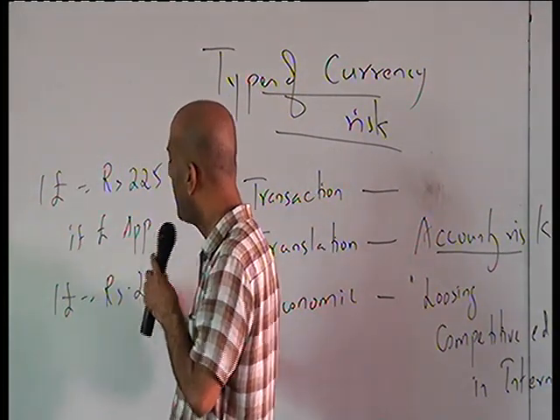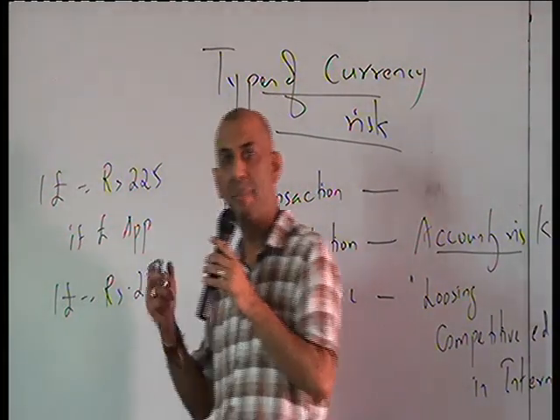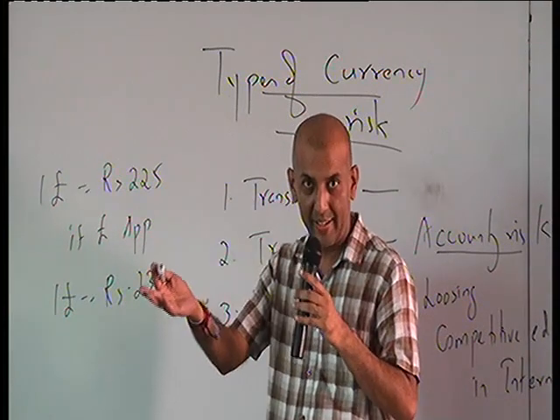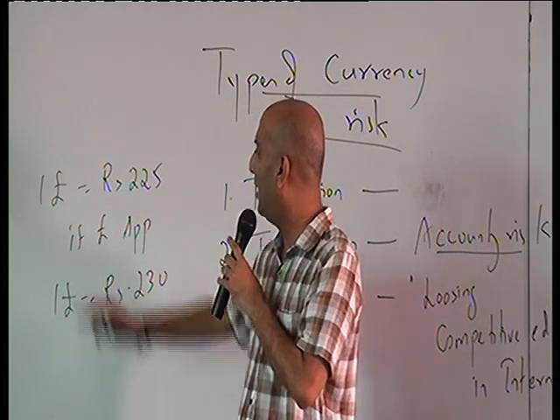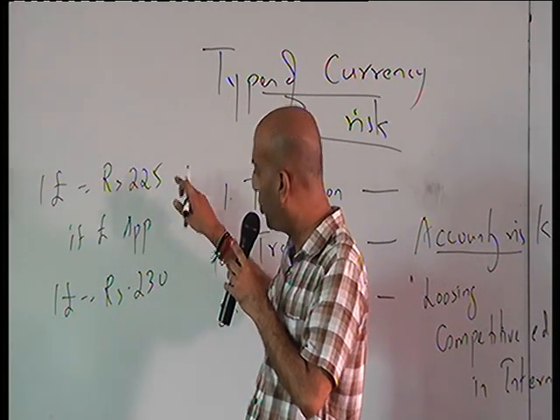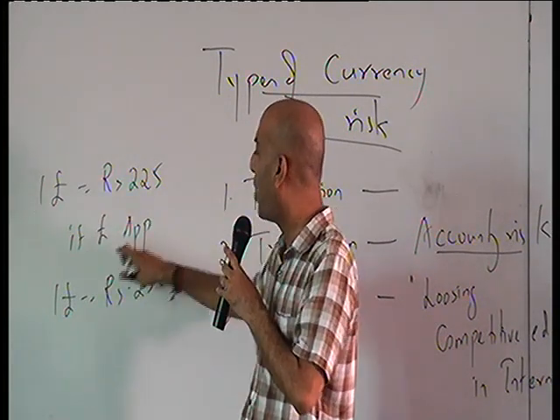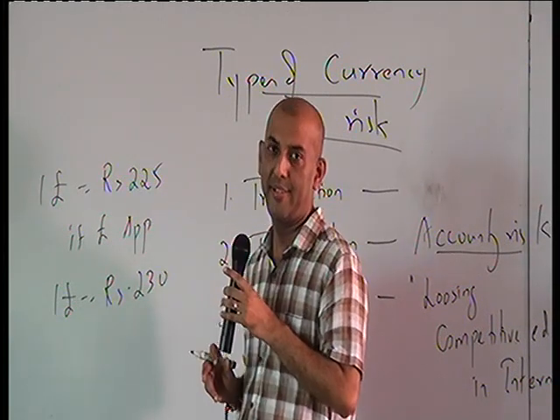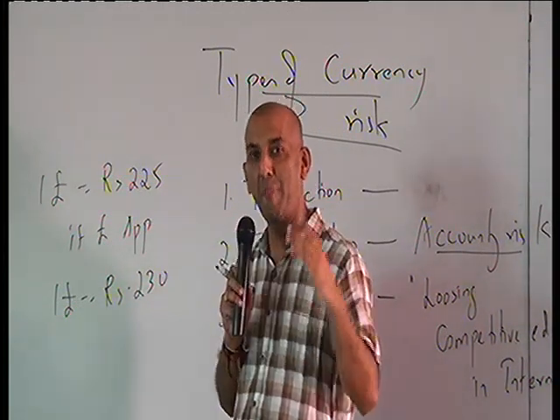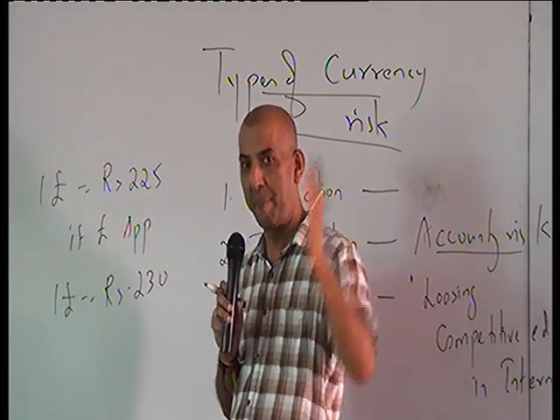You have to pay more rupees to buy 1 sterling pound. That is the meaning of sterling pound appreciating and the Sri Lanka rupee depreciating. If sterling pound depreciates, 1 sterling pound equals 220 rupees. So the Sri Lanka rupee is depreciating when the sterling pound is appreciating.